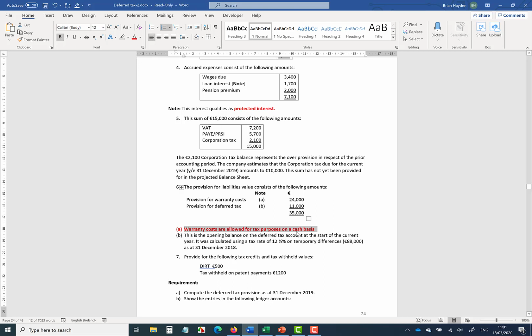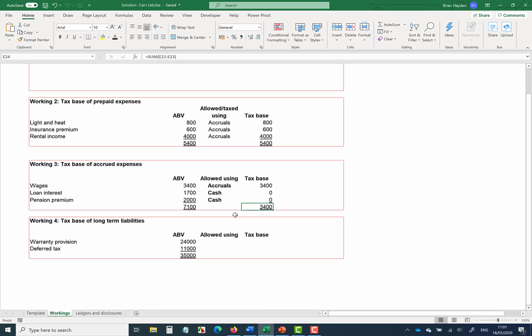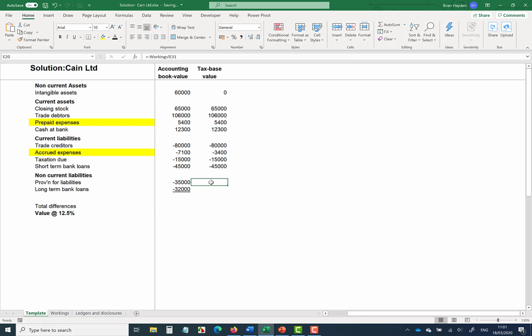So if they're allowed on a cash basis, again, cash basis tells me that the tax base value must be 0. So I can slot these in. Deferred tax in and of itself doesn't give rise to deferred tax. So cash base is 0 for the warranties. So the total tax base is 11,000 for the provisions. And the loans again don't give rise to deferred tax.